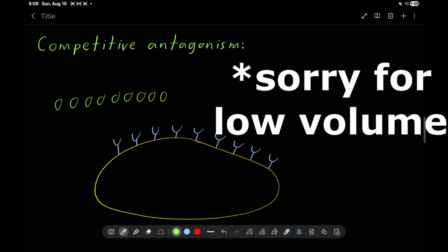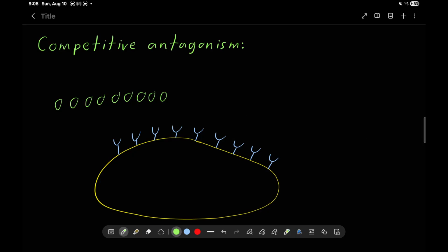Because everything's moving around randomly and the process of binding onto receptors is up to chance, the greater concentration you have of something, the greater chance it has to bind onto receptors. So let's say you have a high concentration of agonist, then there's a higher chance of these agonists binding onto your receptors and producing responses. But then let's say you start adding in some antagonist. Now these antagonists are also going to be floating around, moving around stochastically, and they'll have the possibility of binding onto some of these receptors.